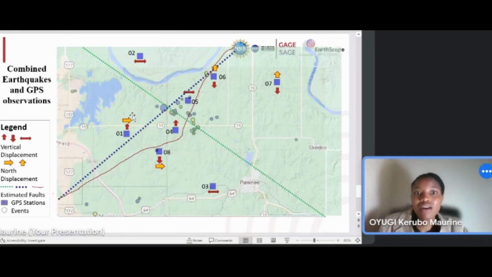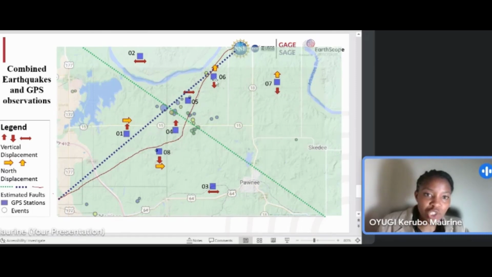These are the combined earthquake and GPS observations, whereby the squares are the GPS stations and the circles are the earthquake events. The arrows are the displacement, whereby the red arrows are the vertical displacements, while the mustard arrows are the north displacement. The down vertical arrows indicate a negative displacement, while the up vertical arrows indicate a positive displacement.